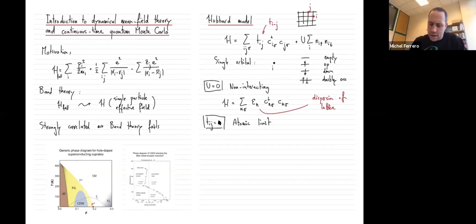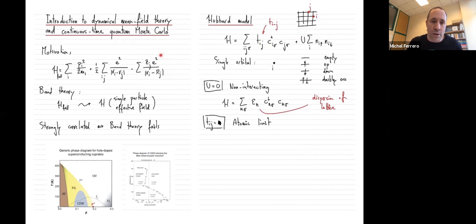Yes, U definitely, in this simplified form, is something that quantifies the strength of the Coulomb interaction. Now there's a full business, which I'm not describing, of deciding how to start from such a Hamiltonian and construct the effective Hamiltonian here. This procedure is quite a complex one because we start from something that has many orbitals.